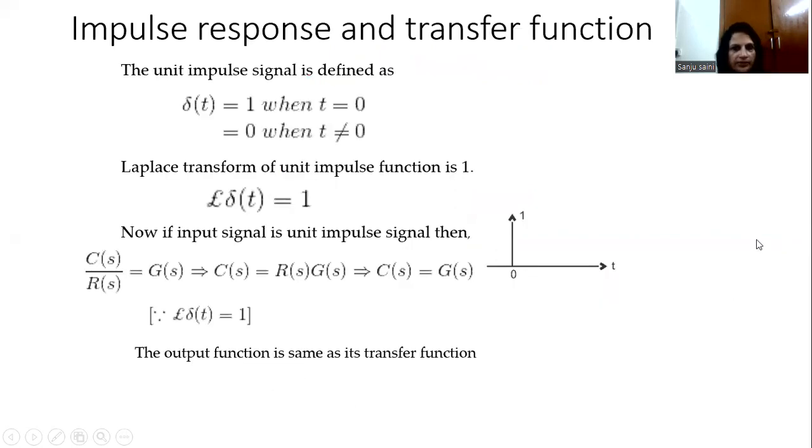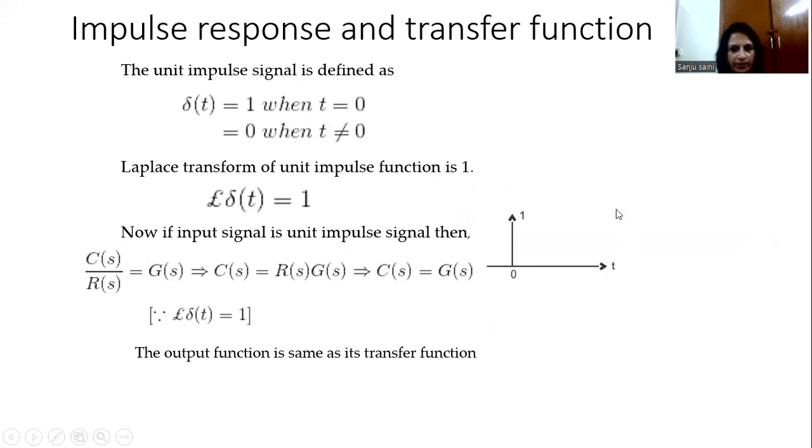So this transfer function definition can be directly related to the impulse response of the system. We know that the unit impulse signal is defined as delta(t) equal to 1 when t is equal to 0, and equal to 0 when t is not equal to 0.